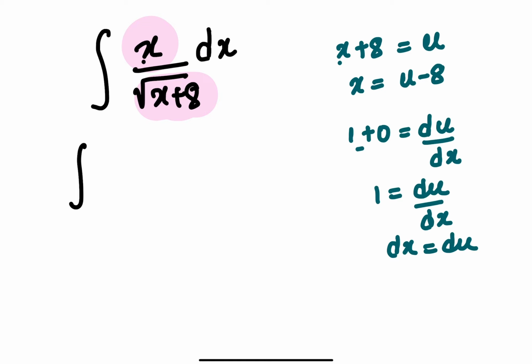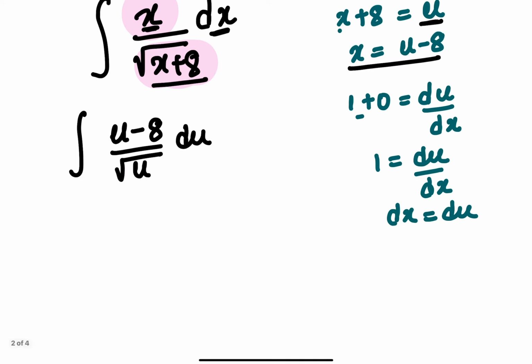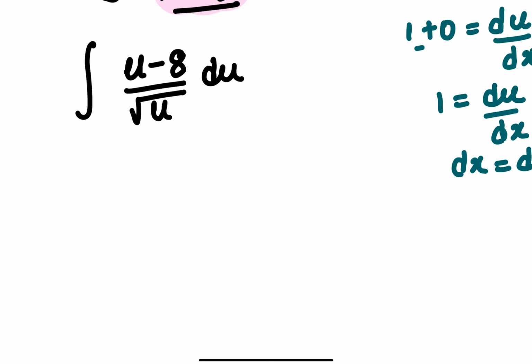Integral, remember what my x is? My x is u minus 8 over, remember what my x plus 8 is? My x plus 8 is u. So this is radical u. Remember what my dx is? My dx is du. Now again, I want you to pay close attention here to see how I'm going to simplify this problem.